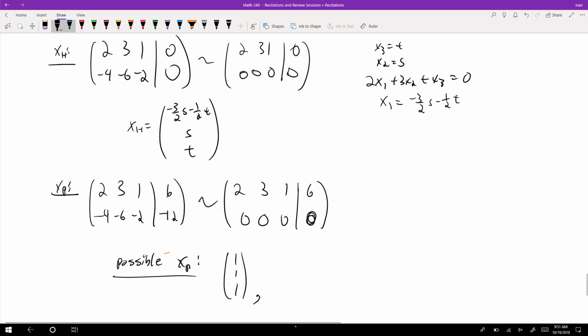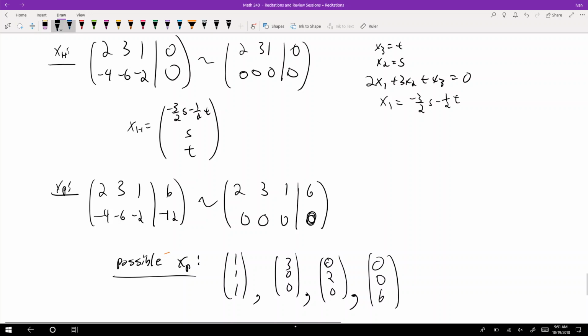All right, anything else? 3, 0, 0. We're going to keep going until you guys pick the one I have. 0, 2, 0. 0, 0, 6. Yeah, 0, 0, 6. Okay, that's the one I have.